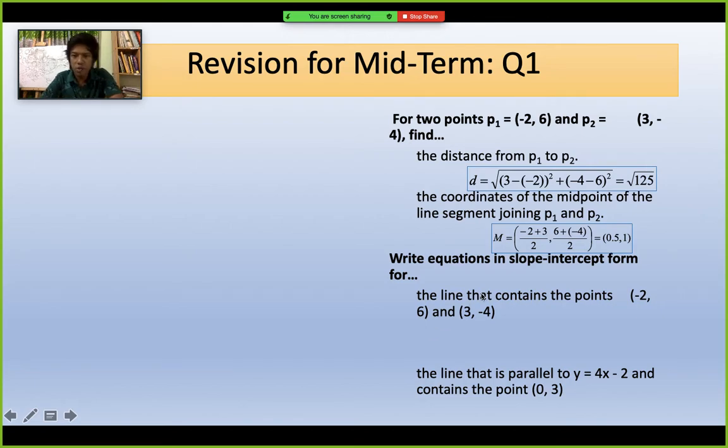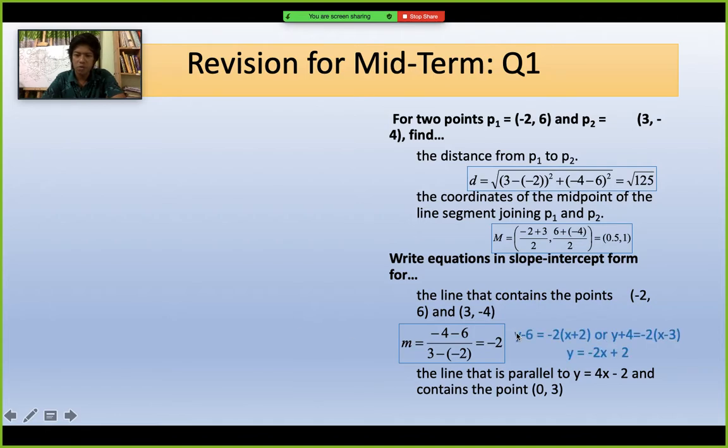Then finding the equation of a line in slope-intercept form. We have the 2 points minus 2, 6 and 3, minus 4. How do you find the equation of the line? First you find the slope. These are pretty much routine, like our quiz 1 preparation. Then you use the formula y minus y1 equals m times x minus x1. You can choose either of the points.